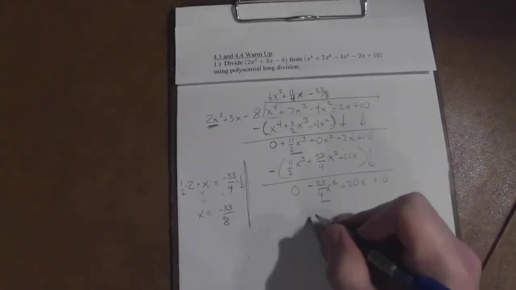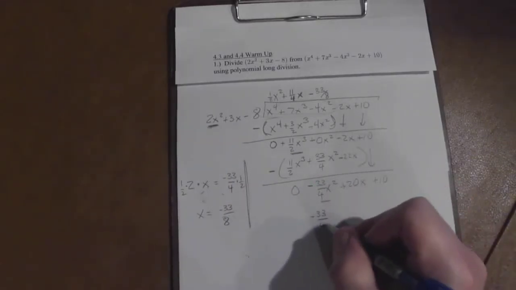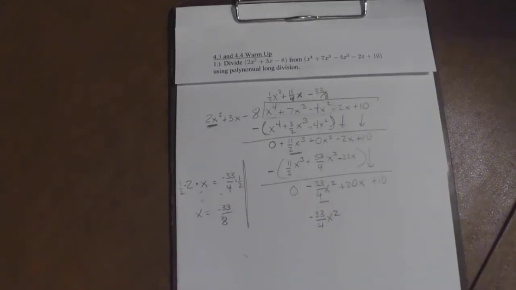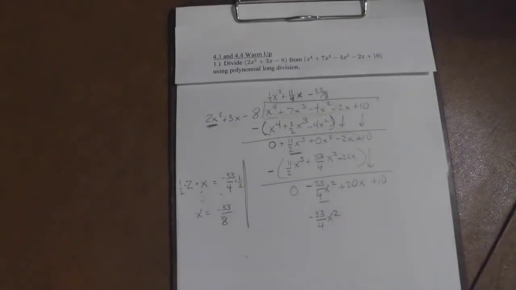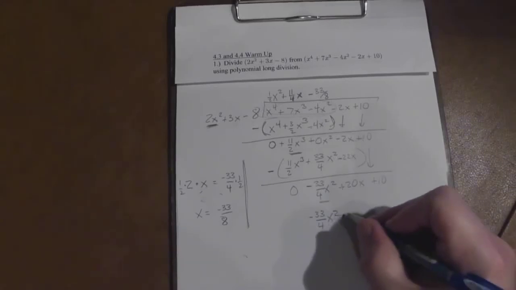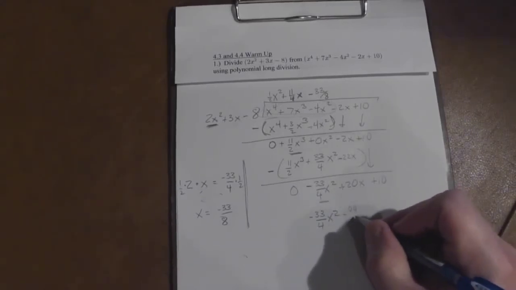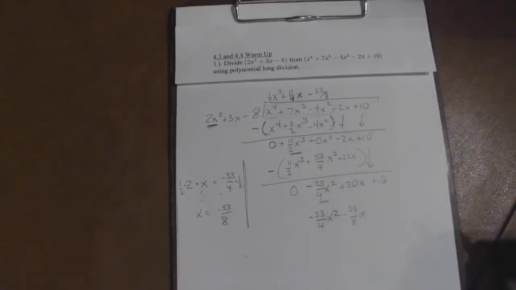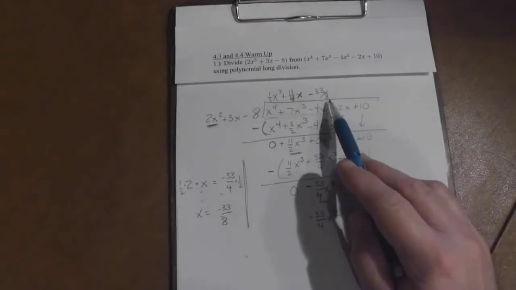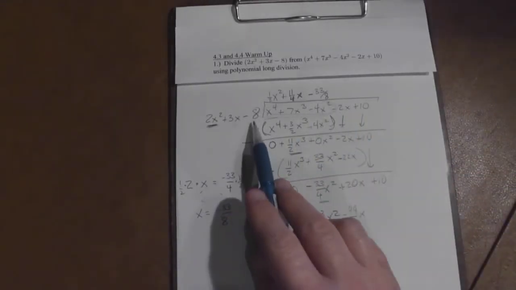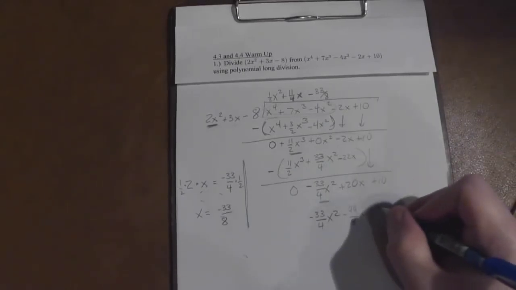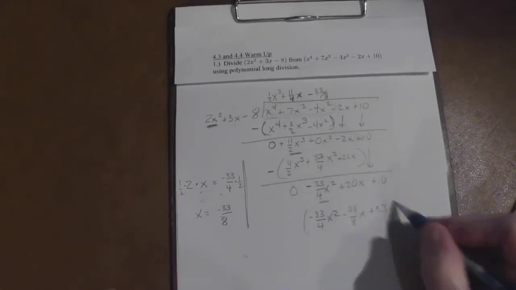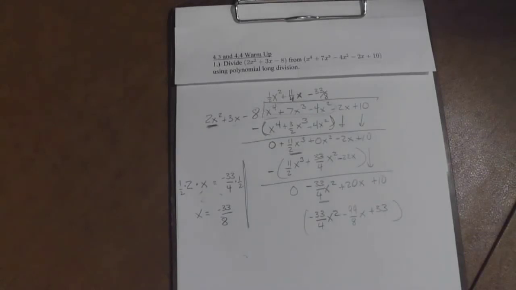All right? Negative 33 eighths times 2x squared would yield negative 33 fourths x squared. And negative 33 eighths times the positive 3x would yield negative 99 eighths x. And the negative 33 eighths times the negative 8 would yield plus 33.